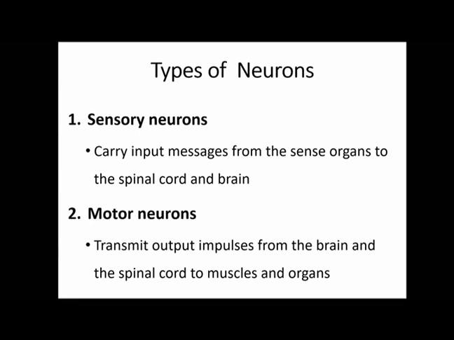The motor neurons allow the thought from our brain, that command to reach for something, to travel to the muscles that are in our arm and our hand to do that movement. So sensory neurons are an input, they're bringing in information from the environment, and motor neurons are an output, where our brain is sending messages outward to act on our muscles or organs to do something.